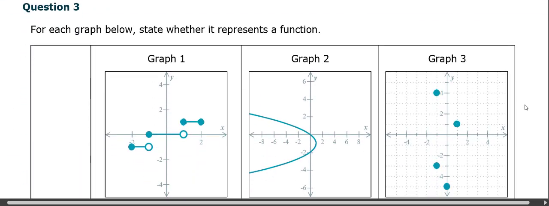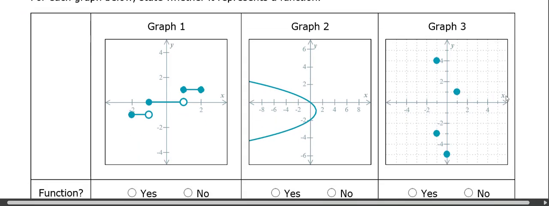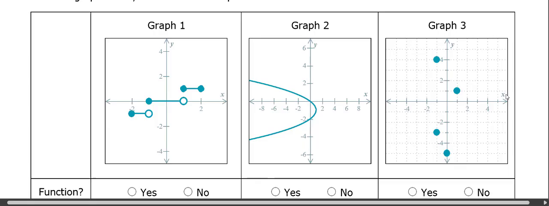Now, if we're given graphs and we're determining whether or not the graph represents a function, remember the rule that our domain can only be paired with a single range value. So we use something called the vertical line test. The vertical line test states that when we draw a vertical line anywhere on the graph, in order for it to be a function, it cannot hit more than one point.